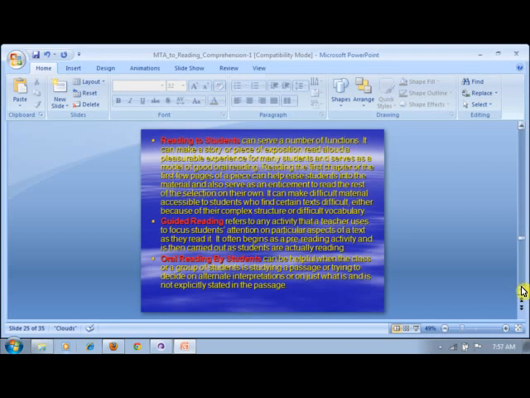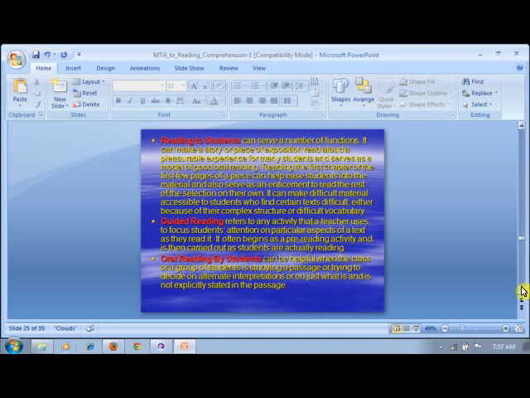Reading to students can serve a number of functions. It can make a story or piece of exposition read aloud a pleasurable experience for many students and serves as a model of good oral reading. Reading the first chapter or the first few pages of a piece can help students into the material and also serve as an enticement to read the rest of the selection on their own.